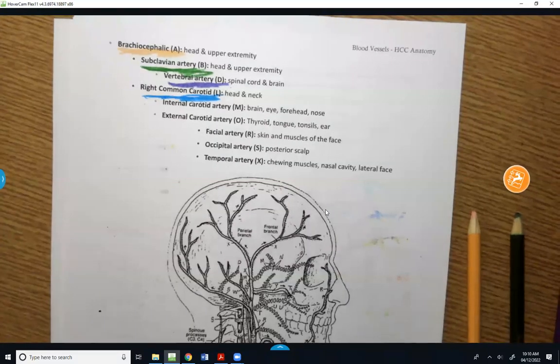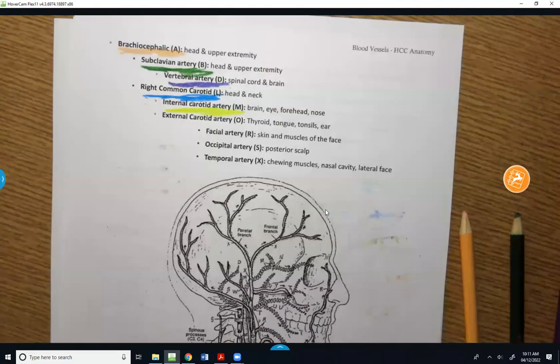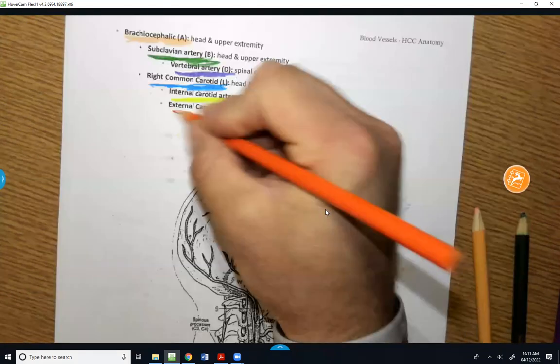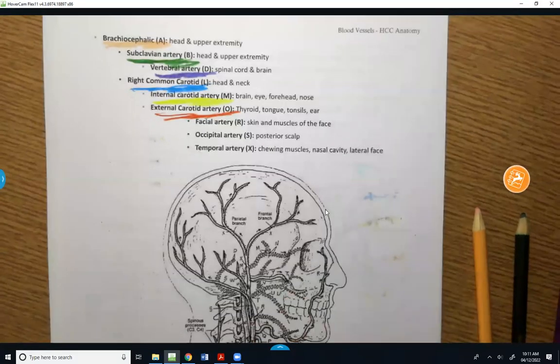And then, as I mentioned previously, there's two branches from it, an internal carotid. These internal carotid arteries are going to be very important because they feed our brain. The other is the external carotid, which stays more superficial, and this feeds more of our face and muscles.